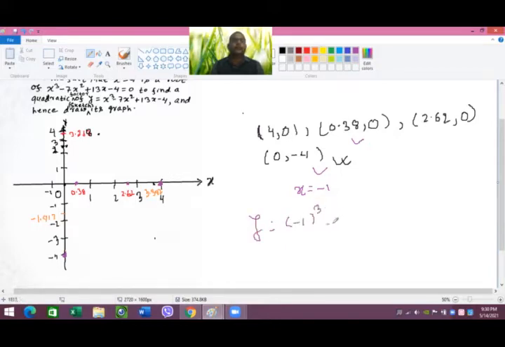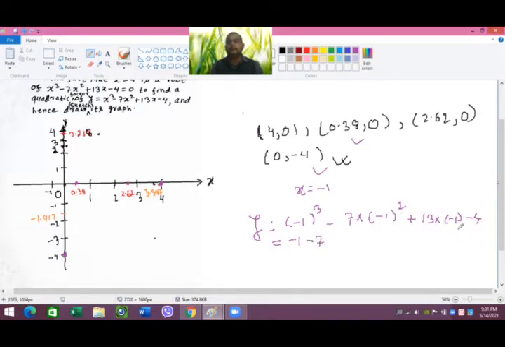So y equals -1 cube, and then 7 times x squared, so you can write here -1 square, and then this is plus 13 times -1, and then -4. And let's check what it is going to be. It is a cube, an odd power of a negative number, that is -1, so it's going to be -1. And then this is 7 times the square of a negative, which is positive again, so it is 7 times 1 is 7, and then it remains -7.